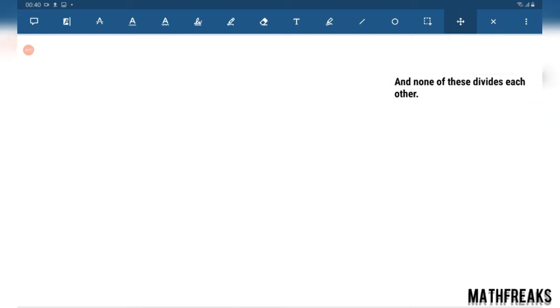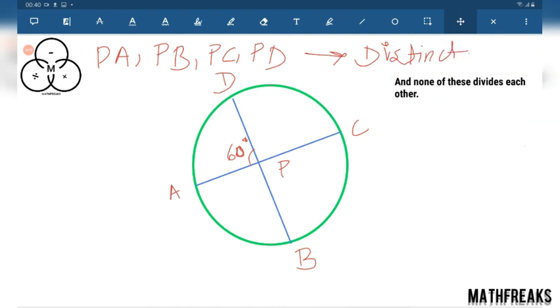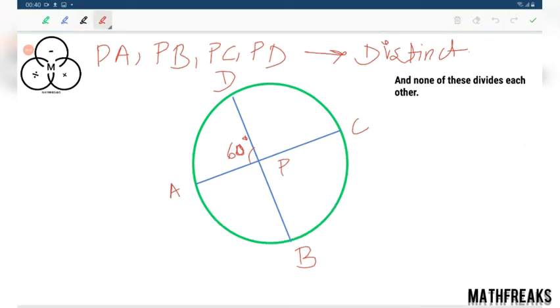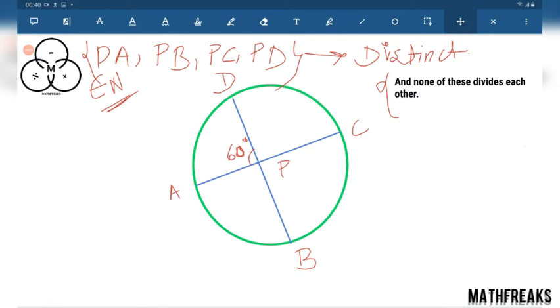They are distinct positive integers, belonging to the natural numbers. None of PA, PB, PC, PD divides each other. We need to find the minimum possible area.